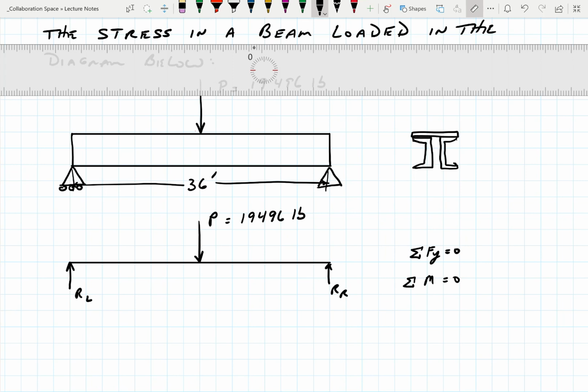There's no x, but you can do an x, okay? So, can I solve for some of the forces in the y? No. All I can actually do is write this: RL minus P plus RR, okay?